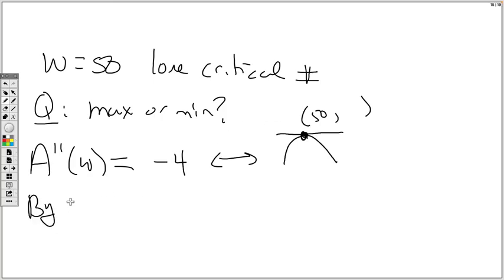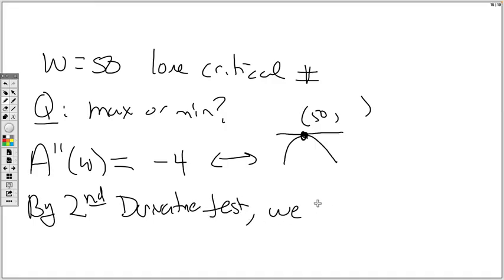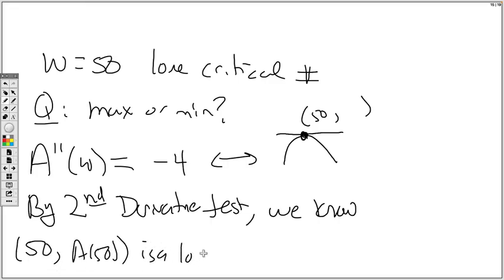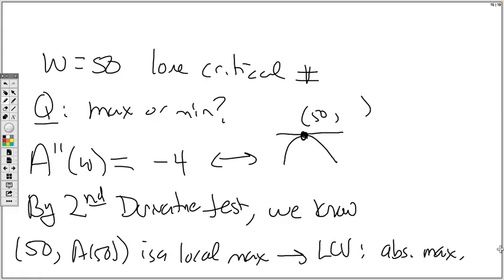So by the second derivative test, we know that 50 comma A of 50 is the local max. And then by the lone critical value property, we know it has to be the absolute max. Do you see how those two concepts help us out here, folks?